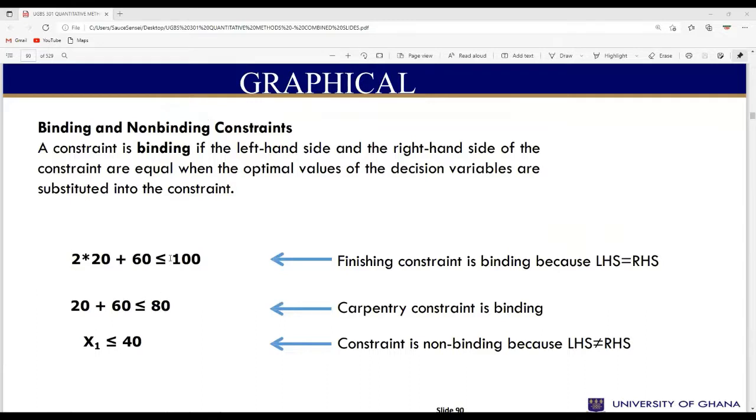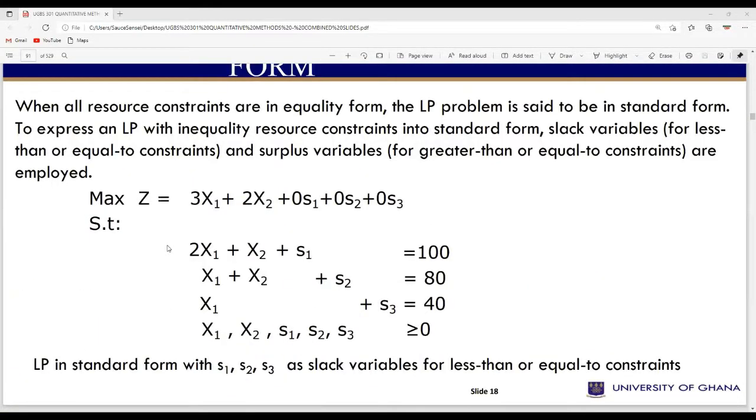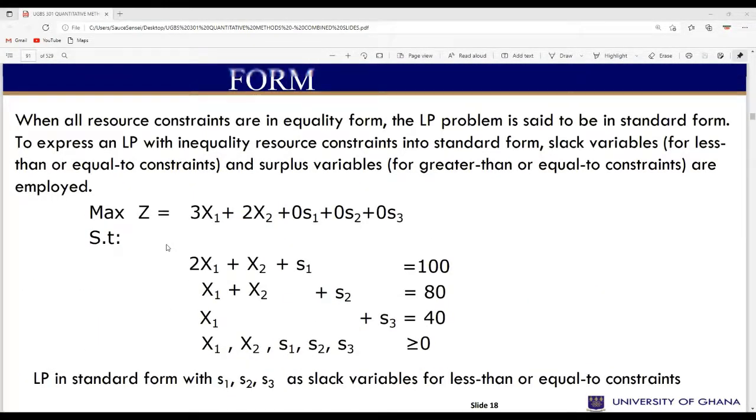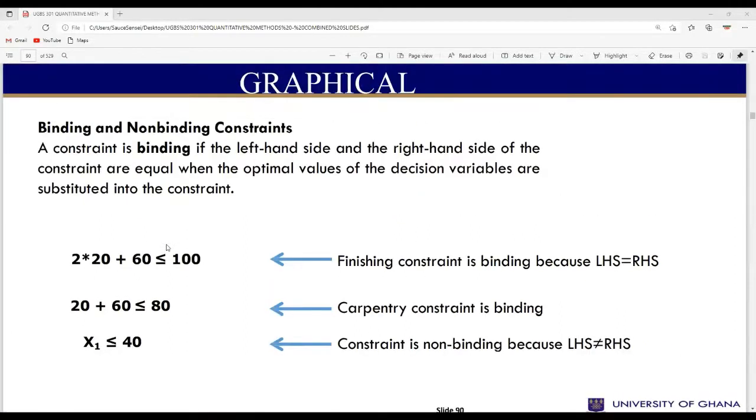The standard form helps us change this less than sign to an equal sign. So how are you going to do that? If you get less than or equal to, you introduce a slack variable. The slack variable is the unused resources. The surplus, as the name depicts, is the excess.